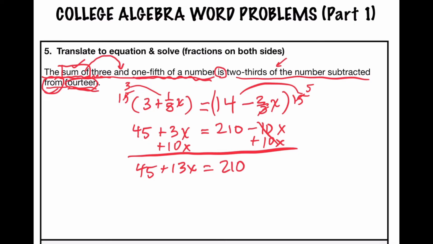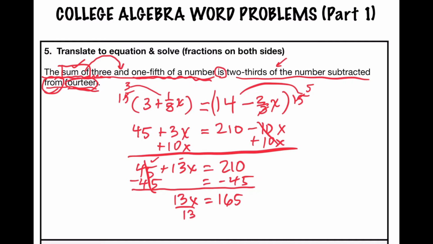Now I have a two-step. Subtract 45 from both sides, divide by 13. So subtract 45 on both sides. Positive 45 minus 45 is 0. 0 plus 13x is 13x. And 210 minus 45 is 165.